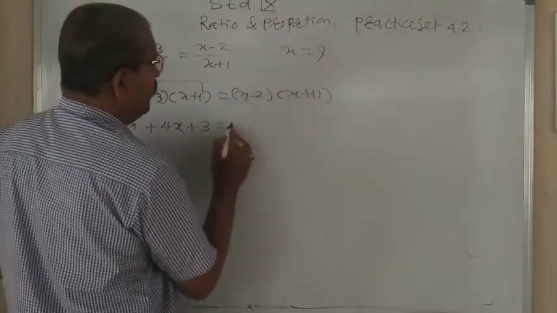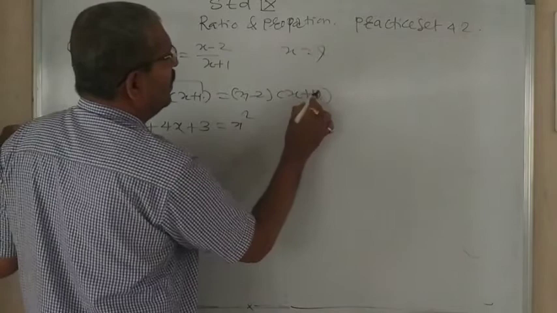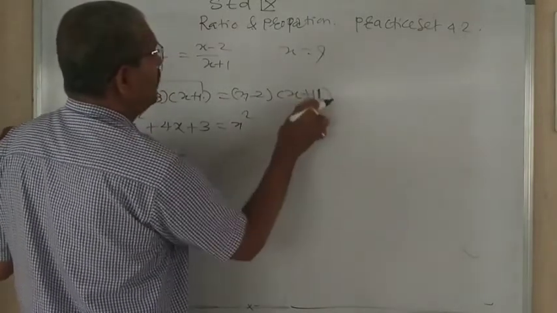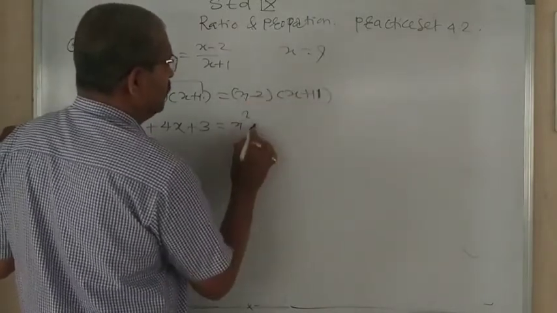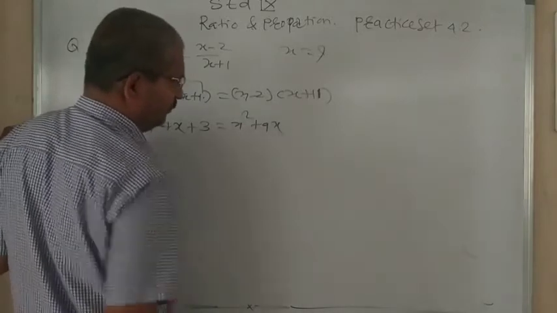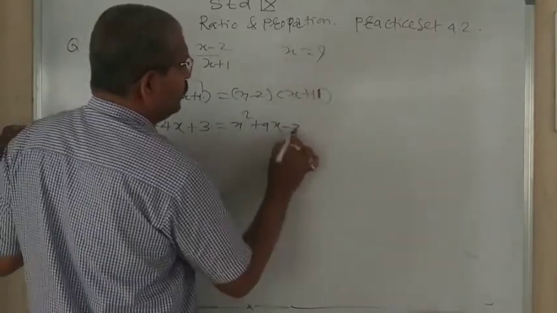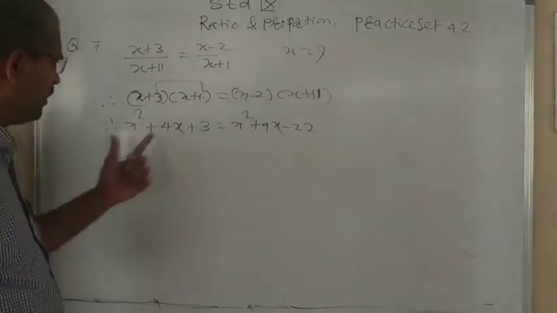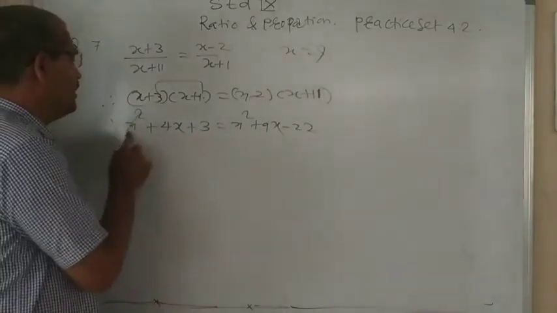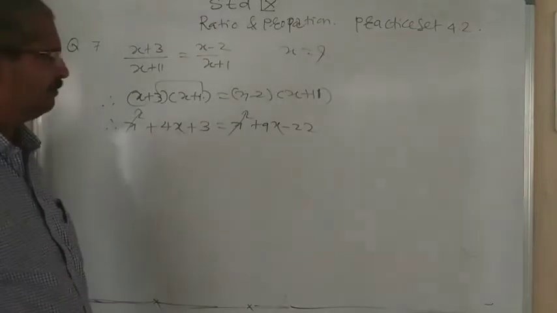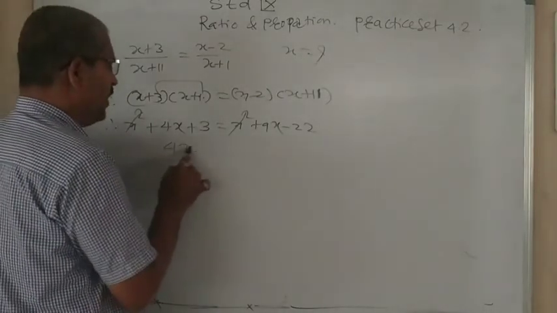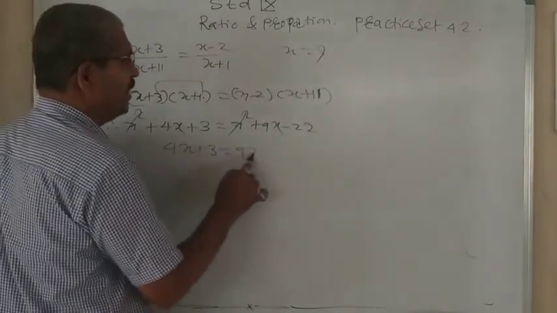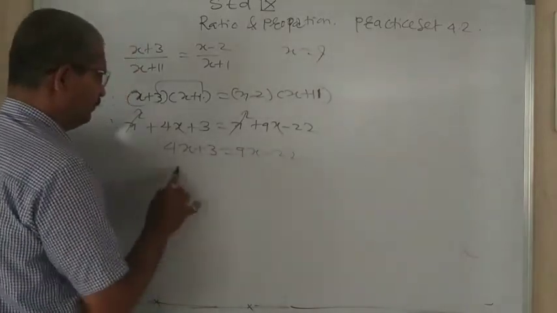Same way, x into x is x square, here it is 11, so 11 plus minus 2 means 9x will come, and 11 twos are minus 22. Now to both sides, left hand and right hand, x square is the same, so it is cancelled. Now 4x plus 3 is equal to 9x minus 22.